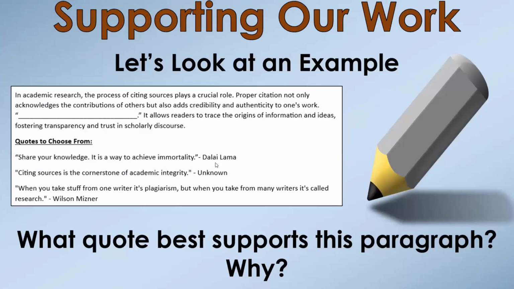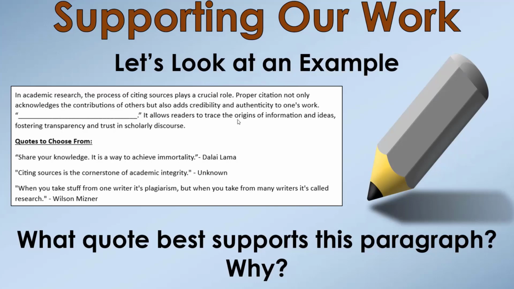Okay? So let's take a quick look at how we can use quotes in an academic passage. And here we've just got a really short passage on academic research writing. In academic research, the process of citing sources plays a crucial role. Proper citation not only acknowledges the contribution of others, but also adds credibility and authenticity to one's work. Now we've got a direct quote in here.